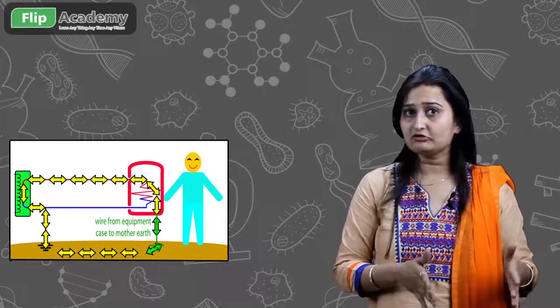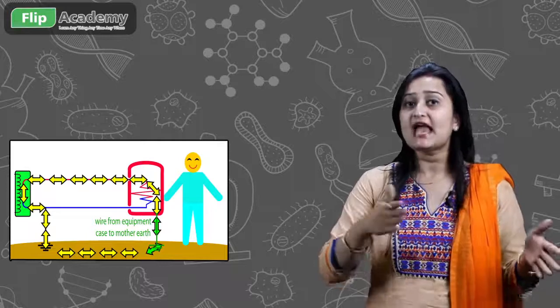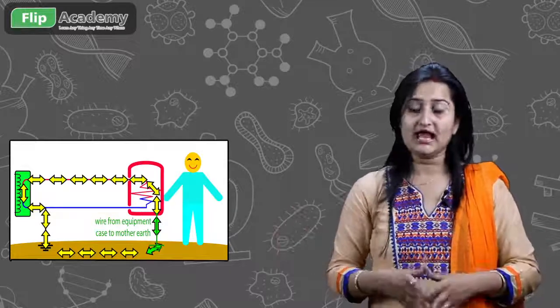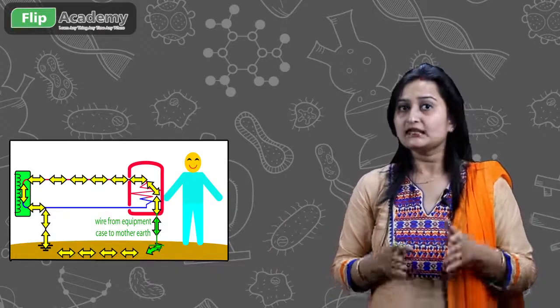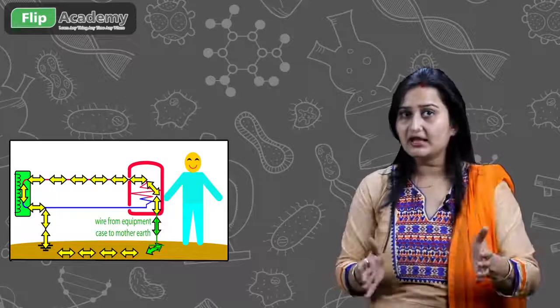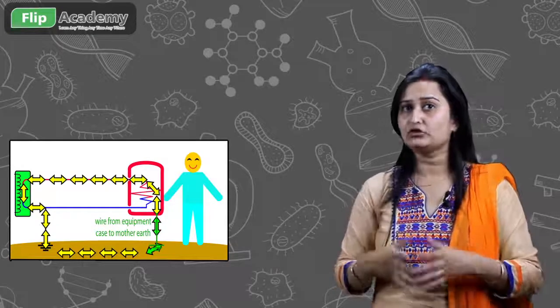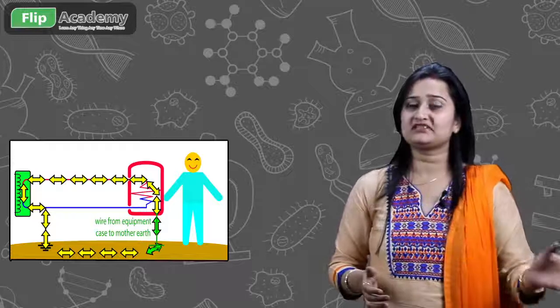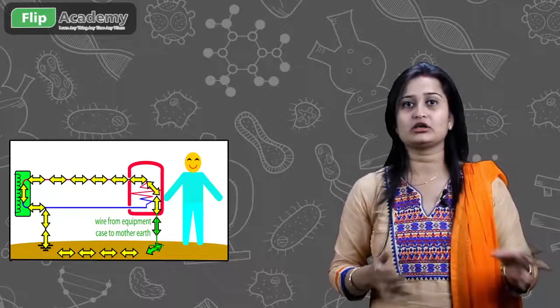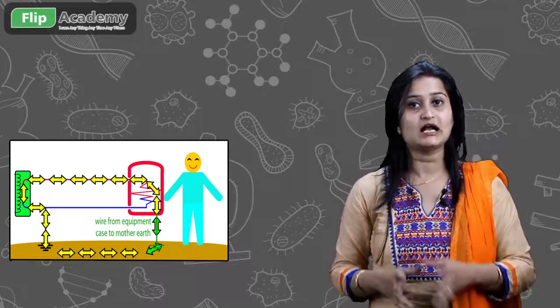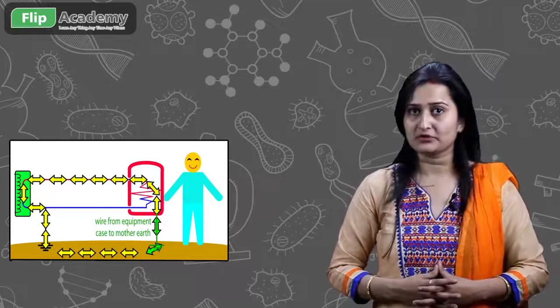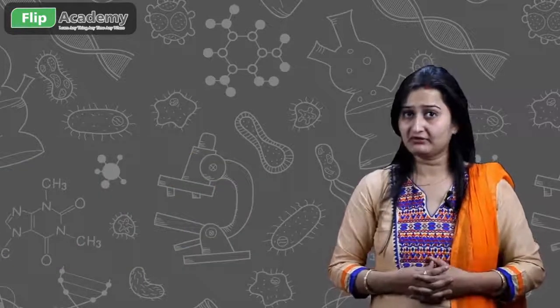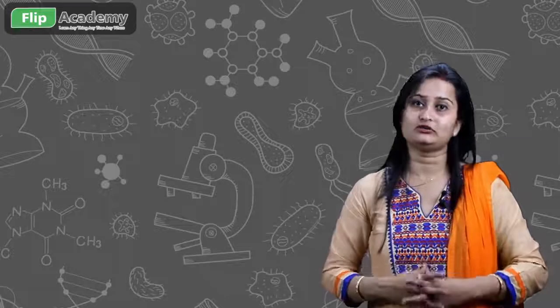Why? Because the earth wire has zero resistance as compared to the human body, and the current always follows the low resistance path. So when the heavy current starts flowing through the appliance, all the current passes through the earthing and goes to the ground. Thus it prevents us from getting an electric shock. So this is how the earth wire plays a very crucial role.